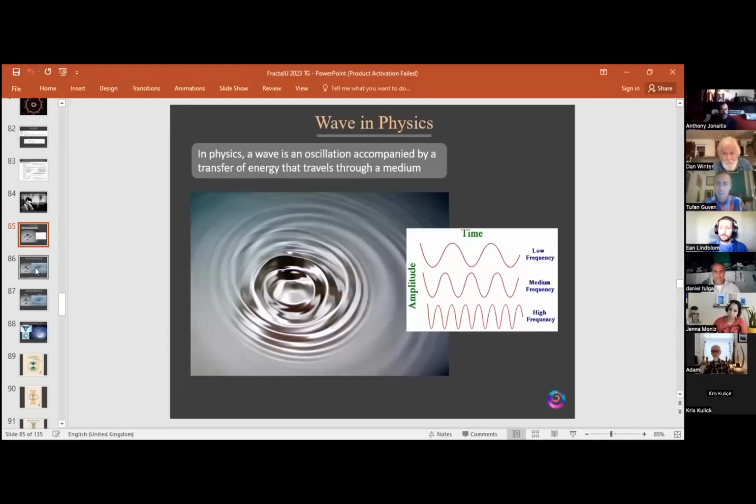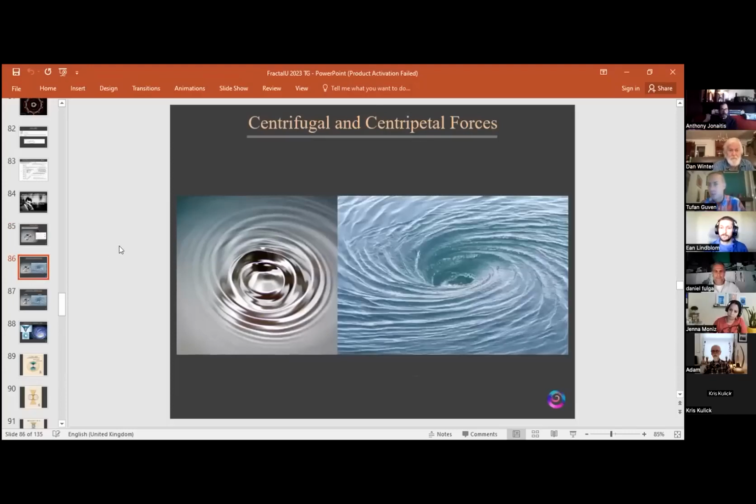And there are two specific forces that I want to focus on now: the centrifugal and centripetal forces. One of them tends to implode towards the center, and the other one explodes. That's the centrifugal force.